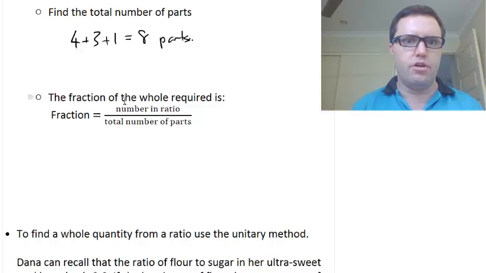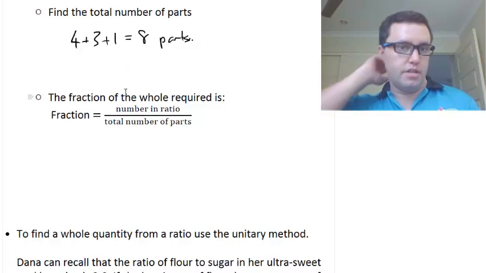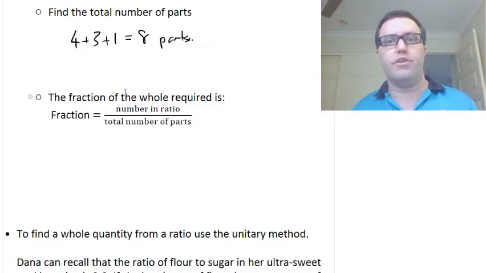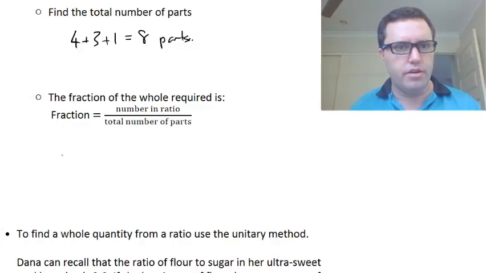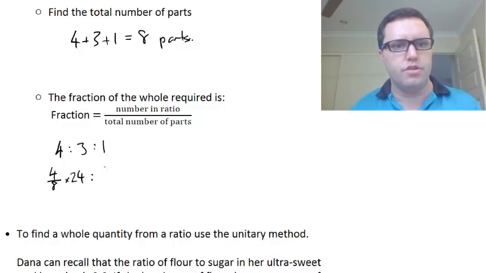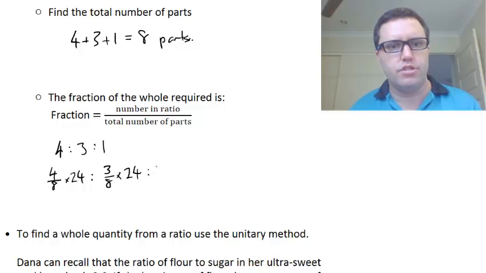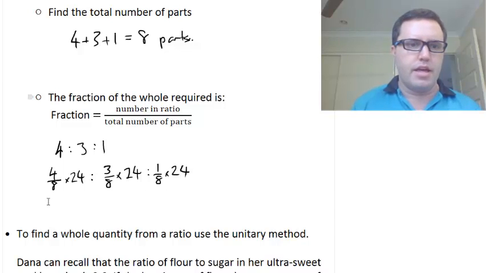So if we've got our ratio 4:3:1, we're going to have 4/8 times 24 is to 3/8 times 24, which is to 1/8 times 24.